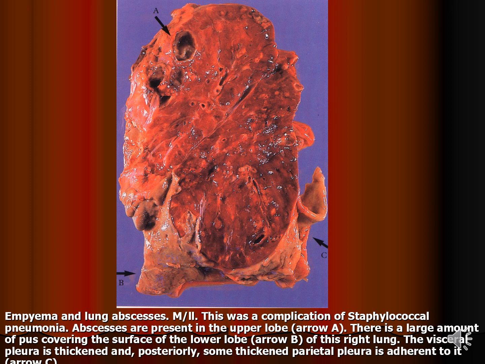Here we see the arrows showing the cover of the lower lobe of the right lung. The visceral pleura is thickened and posteriorly some thickened parietal pleura is adherent to it. So you see some adhesions.